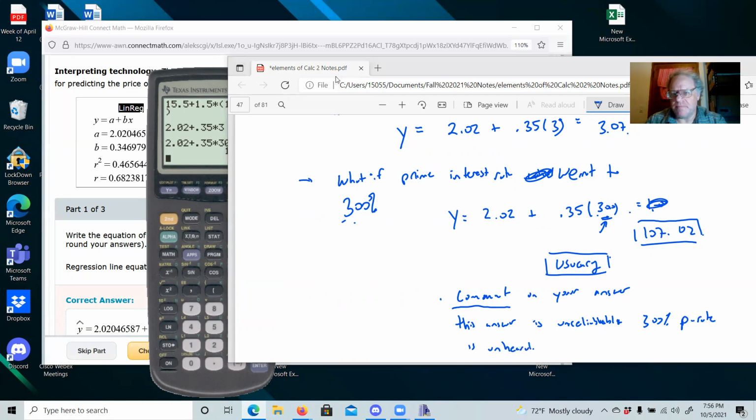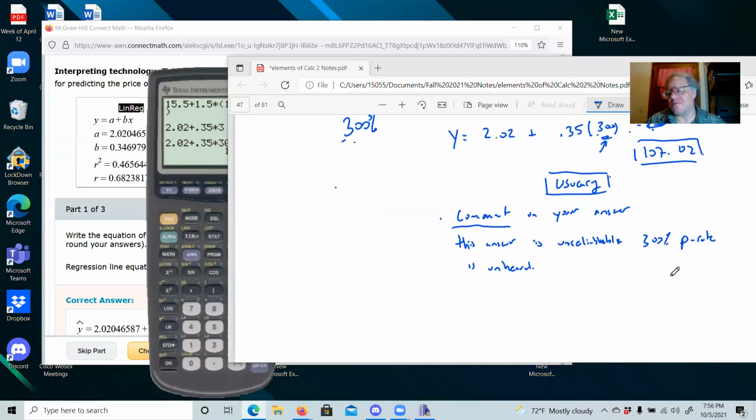Okay, so 300% interest rate, this answer is unreliable. 300% prime rate is unheard of. Stock market will probably not exist. Okay.